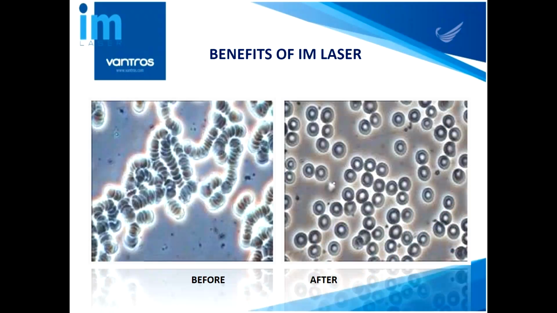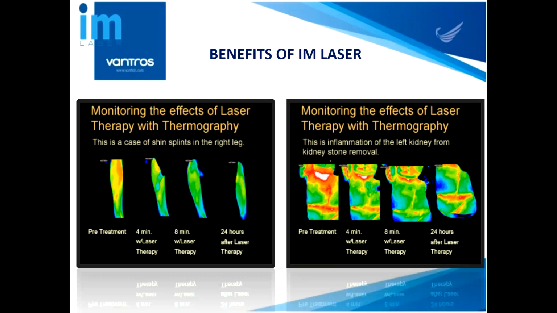So this is another benefit that you can see within 30 minutes of using the IM laser. And on the left is a patient who has shin splints on the right leg.